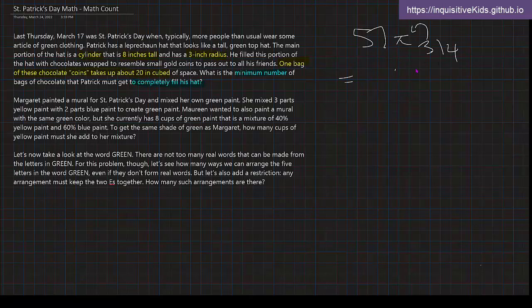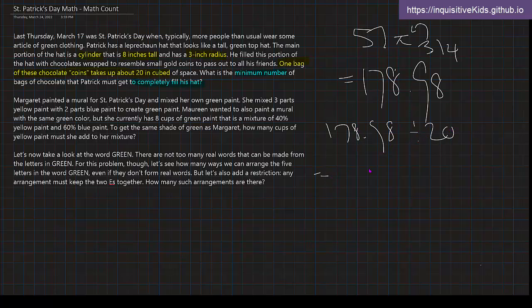So we just multiply 57 with 3.14 and we get 178.98. And we know that each of these bags takes up 20 cubed inches, so we divide this by 20, and that would be 8.949.